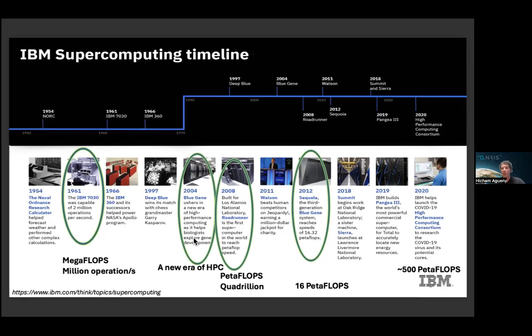Only 4 years later, in 2008, the first supercomputer that operates at petaflops was introduced. That is a million billion operations per second. And a few years later, in 2012, the performance increased by a factor of 16.